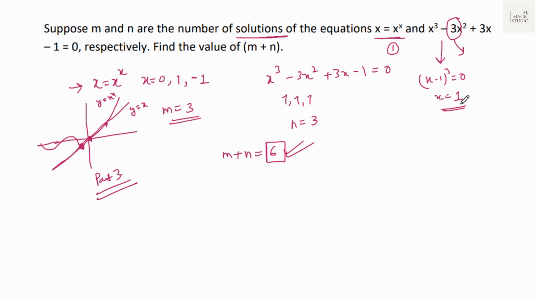If we argue that there is only one root, how can we say the sum of roots of this cubic equation is 3? It is 3 only because we have 3 roots whose values are 1, 1 and 1. Therefore, the value of n should be 3, the value of m is 3, m plus n is 6, and that is the answer.